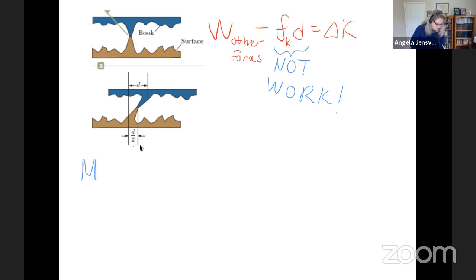Do you guys know that mechanical energy is kinetic plus potential? Okay, so you have this macroscopic change in kinetic energy. I'm going to do positive work, right? What is work? It's a transfer of energy into or out of a system. I'm transferring energy into this system. My system is the notebook, okay?